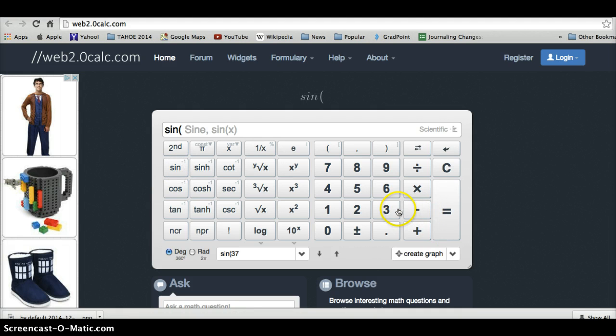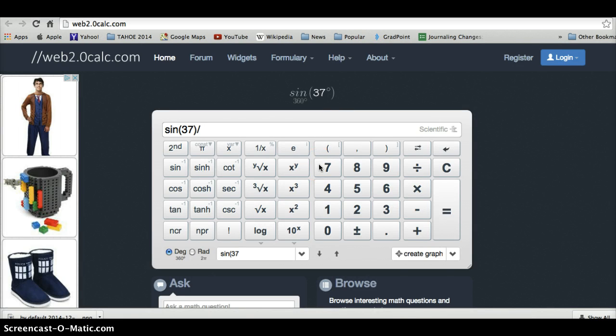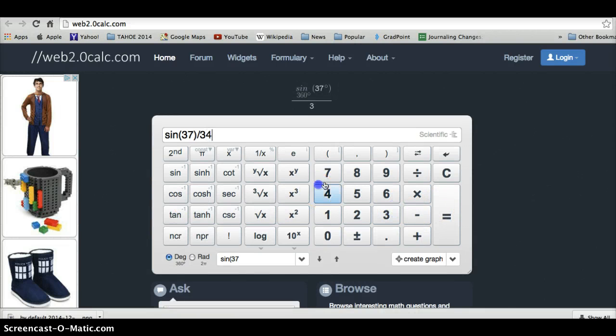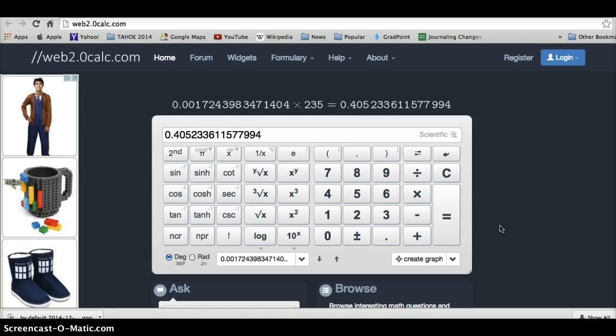Sine of 37, and either you have to close the parentheses and then divide by, not 235, 349. Equals that number, times 235, is going to give you, let me make sure, 0.405.